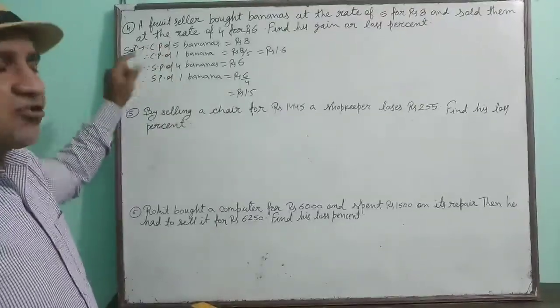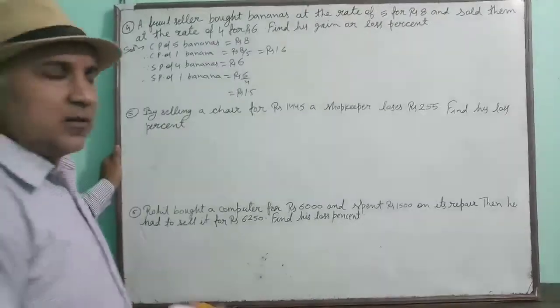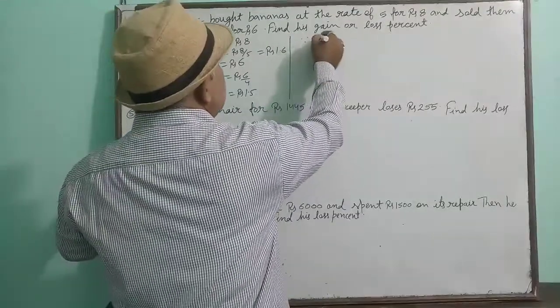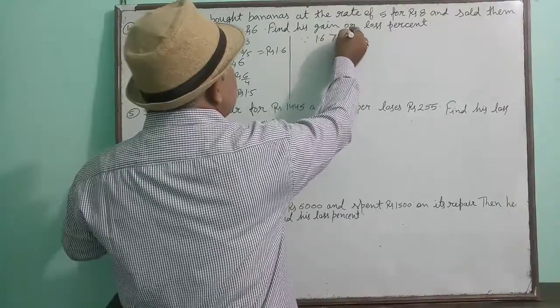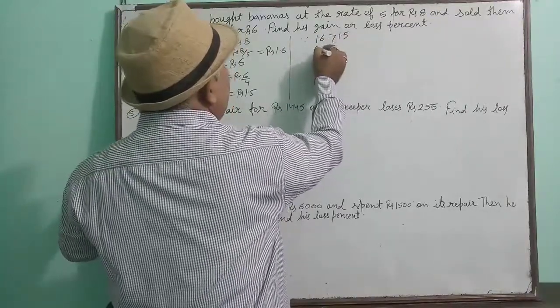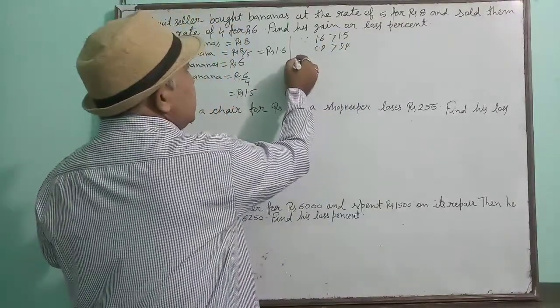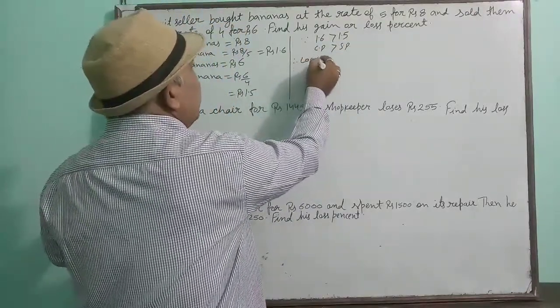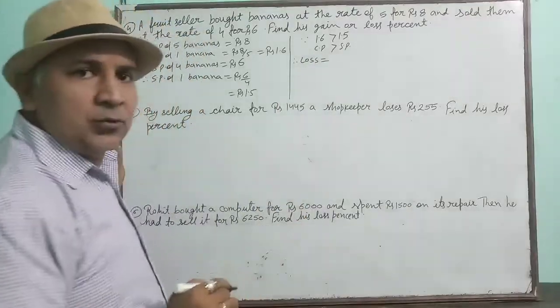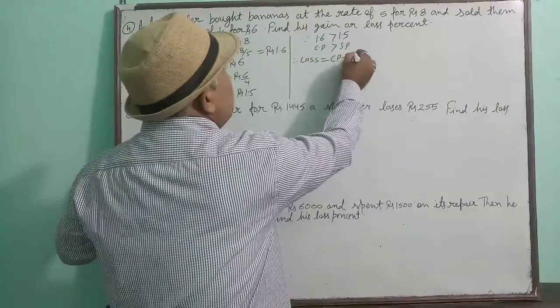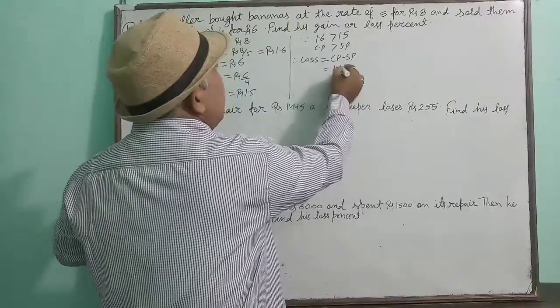That means in this transaction there is loss. First we will write, since 1.6 is greater than 1.5, means cost price is greater than selling price, therefore loss is equal to, we know the formula for loss, cost price minus selling price.